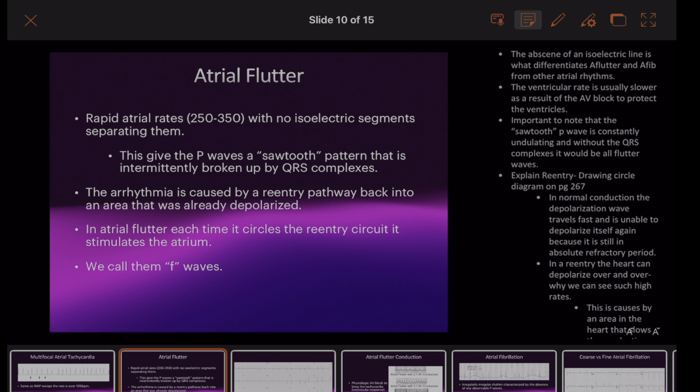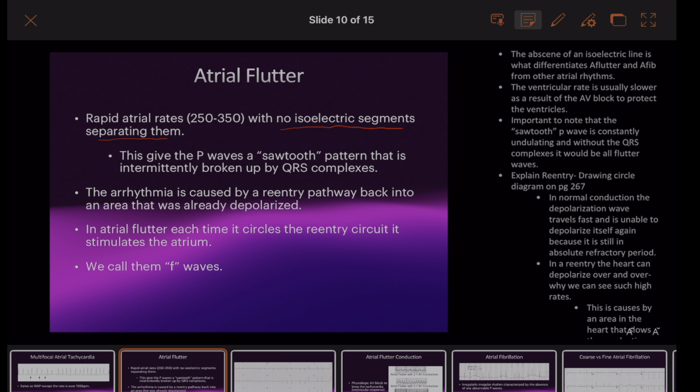Atrial flutter is characterized by very rapid atrial rates, between 250 to 350 beats per minute. And it's important to understand that in an atrial flutter rate, there are no isoelectric segments separating the P waves or the QRS complexes.